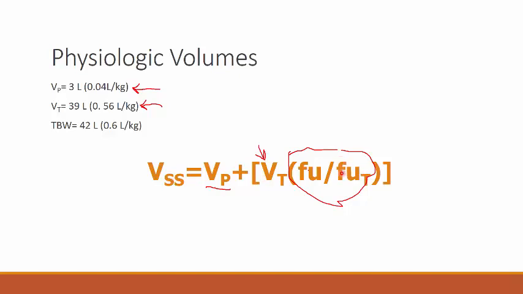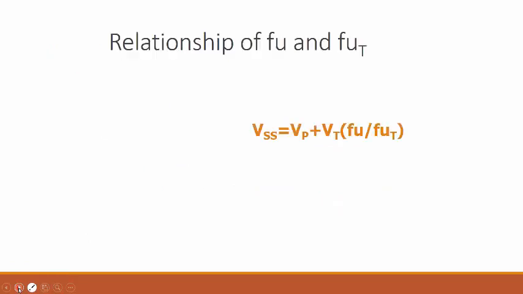If your fraction unbound in tissue is very low, which means it's very highly bound to tissue proteins, then your volume of distribution is going to be very large because it's stuck out there in that large tissue compartment. This is the major idea we're going to be working with in the workshop. So if you don't get it yet, hang on, we're going to be working with this concept. It's the most important concept here, I think. So that's just an introduction.